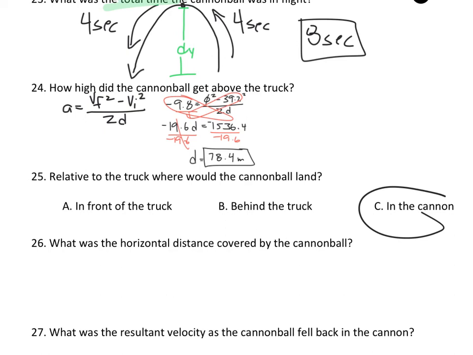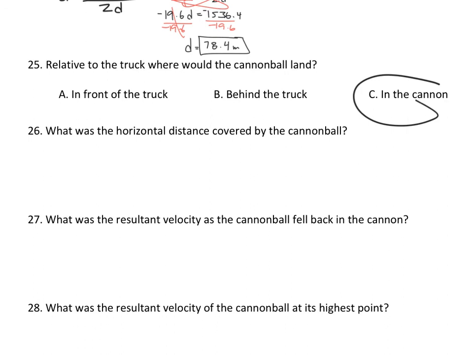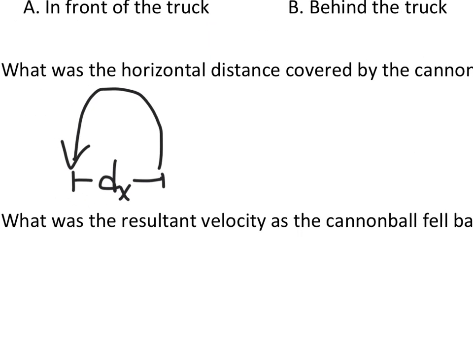Next, we want to know the horizontal distance. So how far horizontally did it get? So here's my pathway. I want to know how far I went from here to here. Horizontal distance. And I know everything I already talked about. Okay, so there's only one equation for horizontal distance, and it has Vx, dx, and t.